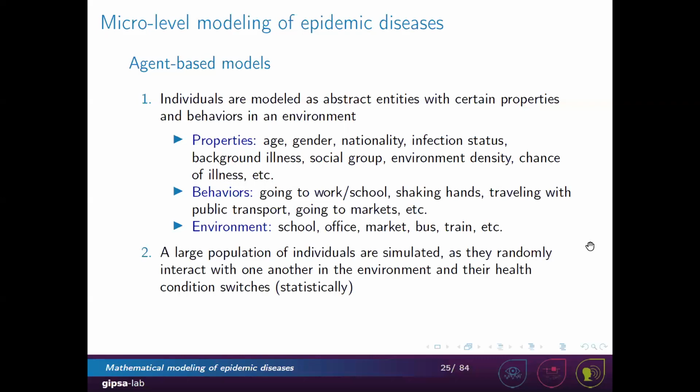Having defined the properties, behaviors, and the environment for interaction between the individuals, we simulate them in a simulated environment, usually a software platform, and the population starts moving around and interacting with one another based on the behaviors that we have defined for them.